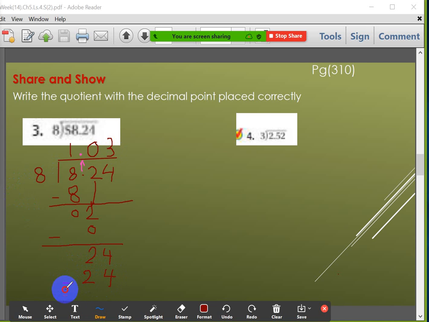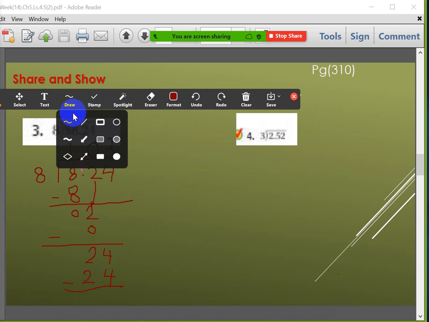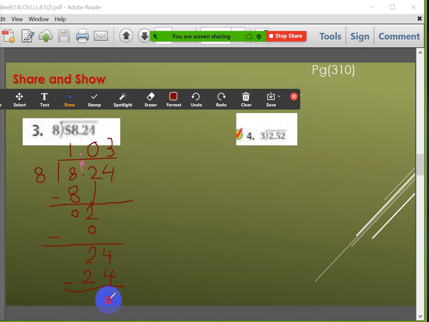Then I will subtract 24 from 24. So it will be 0. So the quotient is 1.03. This is the quotient. Let's see number 4.